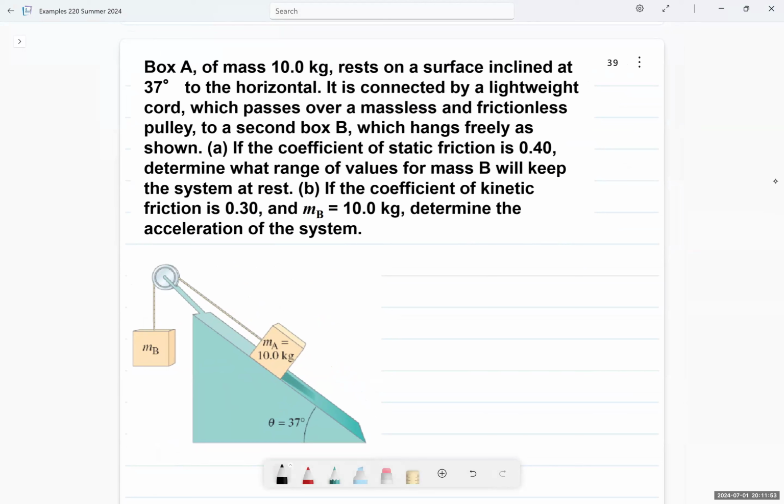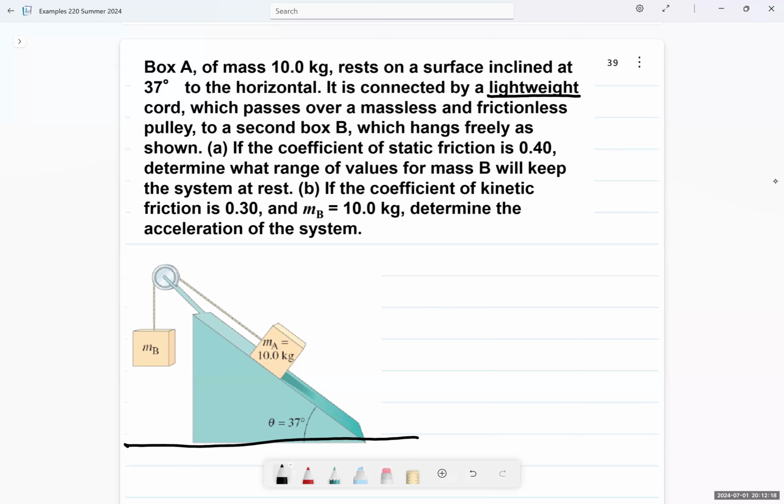We're given a 10-kilogram box on an incline, resting on a surface. There is a 37-degree incline relative to the horizontal, relative to the ground. It's connected by a lightweight cord, which means we can ignore the mass of the cord, which passes over a massless and frictionless pulley.